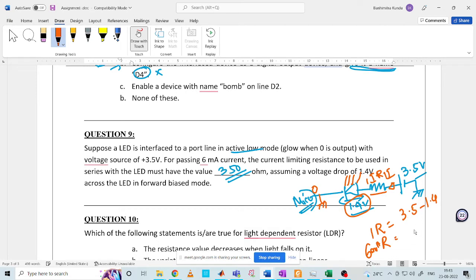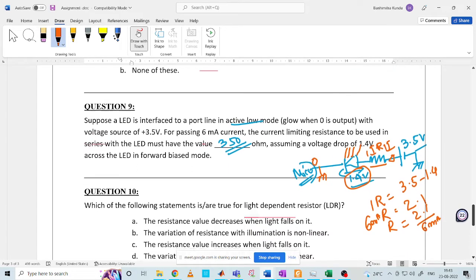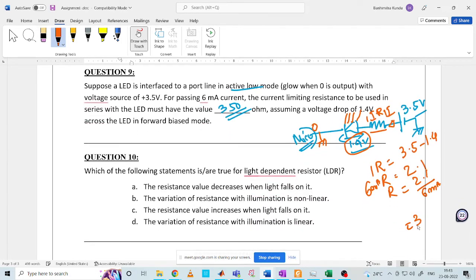So 3.5 minus 1.4 is 2.1. So R is 2.1 divided by 6 milliamperes. I guess that's coming as 350. You got it right? Yes, sir. So you have to consider the LED drop here, 1.4.